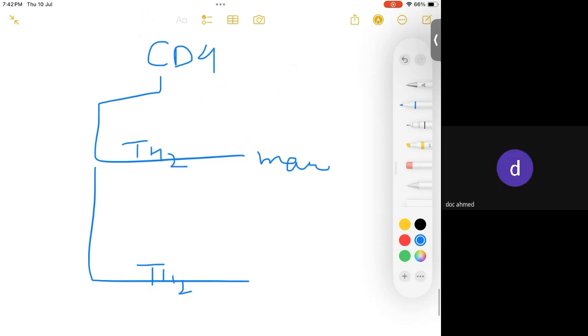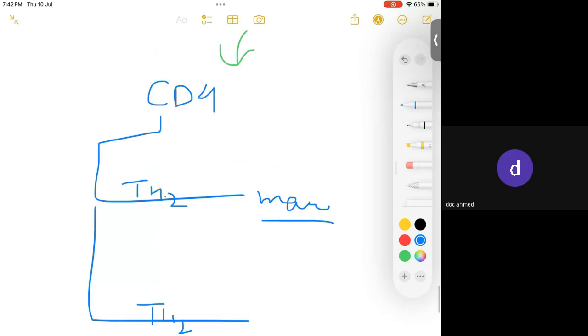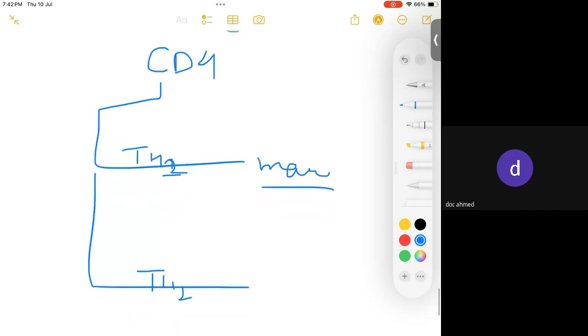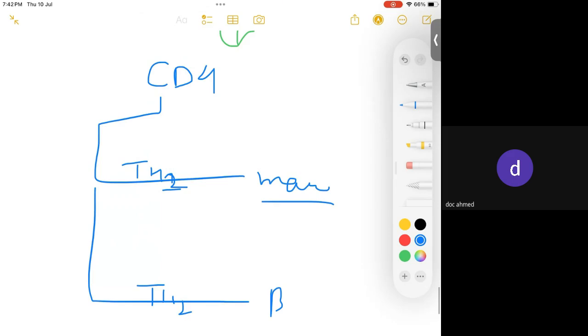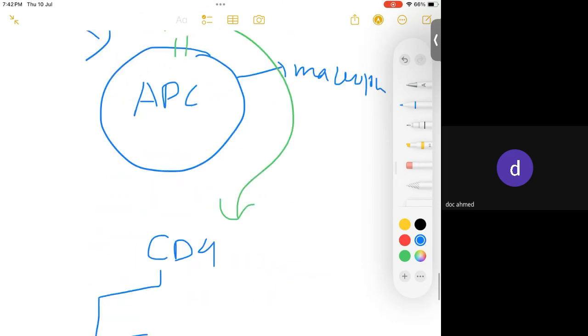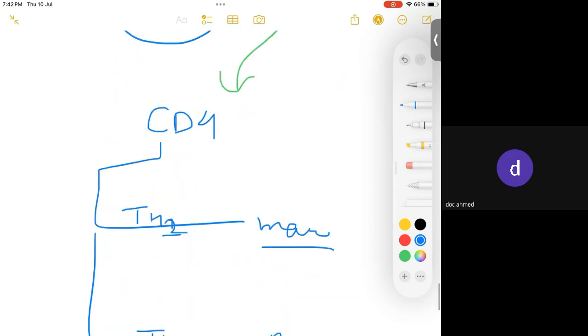We know that in order to get TH1 activated, macrophages are going to come, and for TH2, B cells. Let's be more specific. If this macrophage wants to activate TH1, it has to send something, right? And if the same macrophage wants to activate TH2, there is going to be a difference in the messaging system.